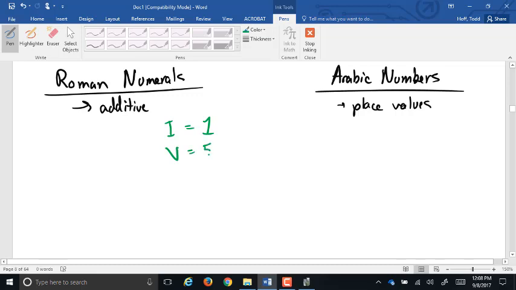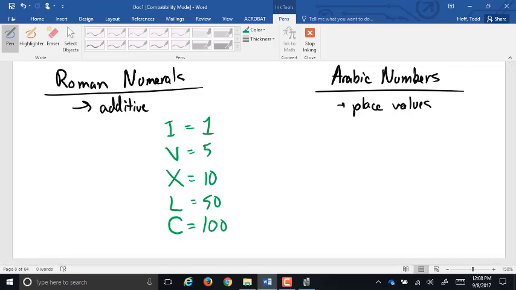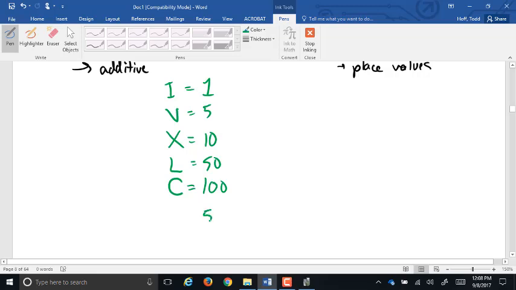V stands for 5. 10 is X. 50 is L. 100 is C. You ever heard the term C note? Refers to a $100 bill. 500 is D. And 1,000 is M.